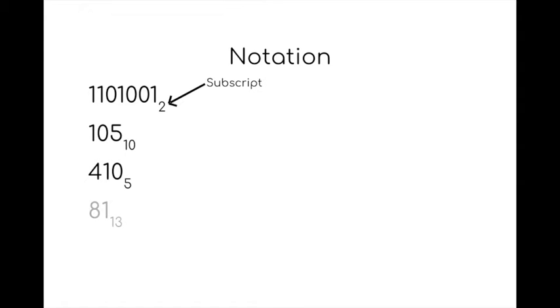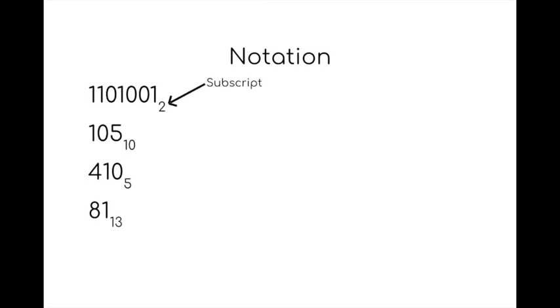It's not really an operation. So anyways, we put a little 2 in the bottom right corner of a number to indicate that it's in binary or base 2. This little number is called a subscript.